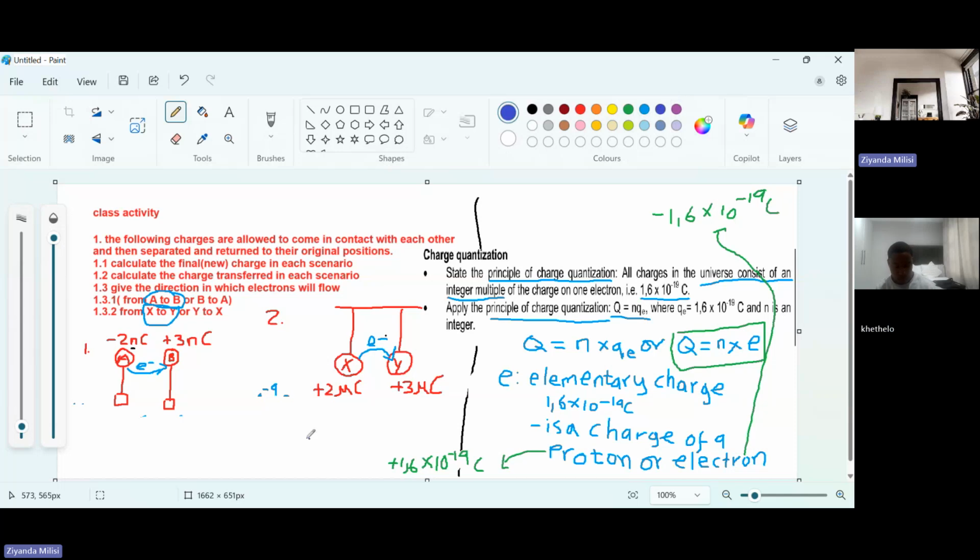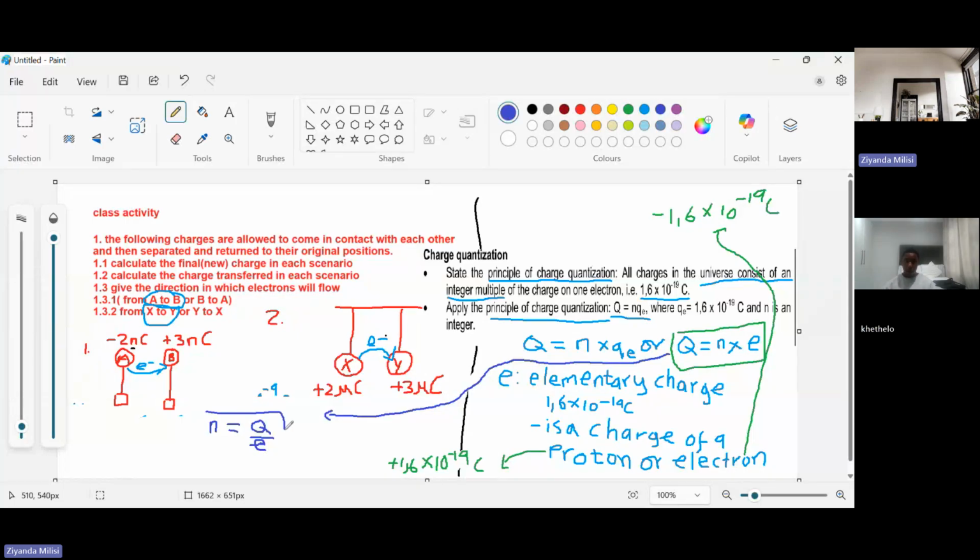This same equation can be written in this format, where n is equal to Q over E. That E is the charge of an electron or charge of a proton. You'll find it in the data sheet.